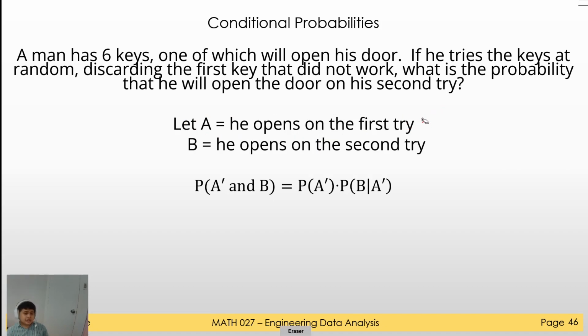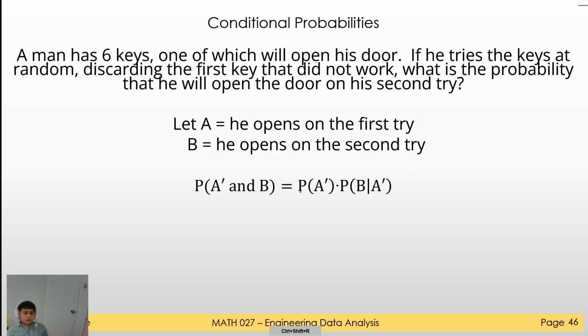Therefore, the probability that we are trying to find is the probability that it will not open on the first try and it will open on the second try. Do you get that? So A will not open on the first try, and then B will open on the second try. So the intersection of A and B.